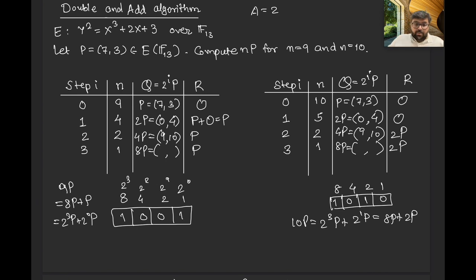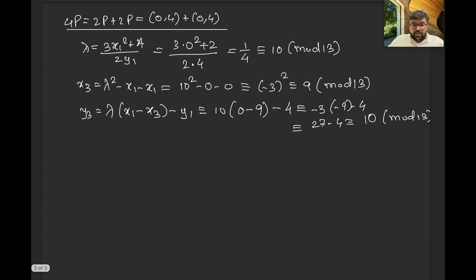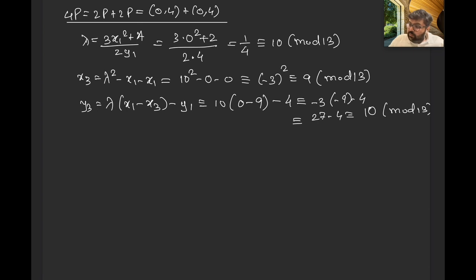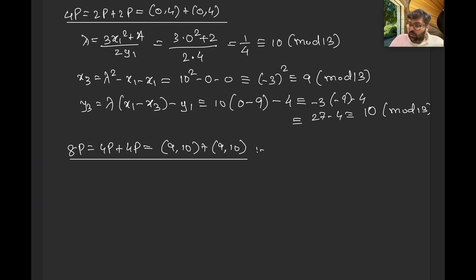So 8P is 4P plus 4P, (9, 10) plus (9, 10). Let us do that. Okay, 8P equals 4P plus 4P, which is (9, 10) plus (9, 10). And so lambda is 3x1 square plus a upon 2y1, which is 9 square, but 9 minus 13, so it's minus 4 square I can write.